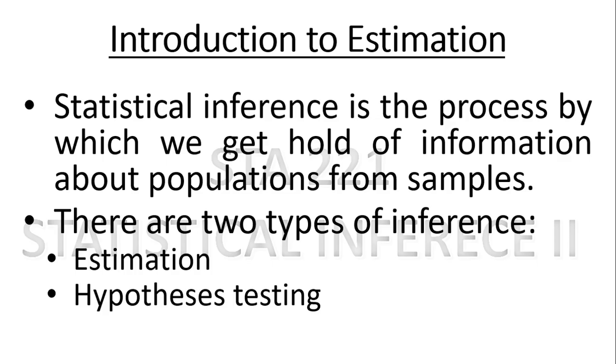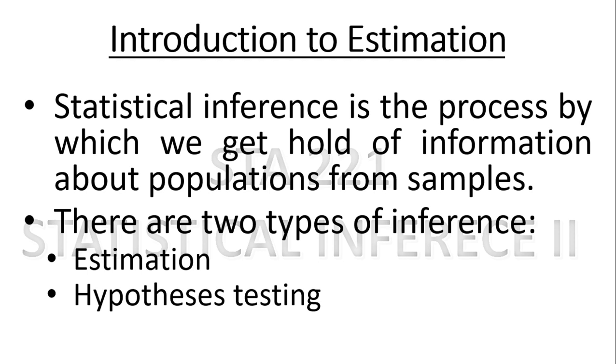Hence, you will rely on a sample from the population, and that is what statistical inference is all about. It's about getting generic information about the population using a sample. I think that is clear.